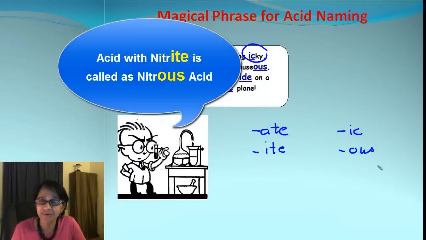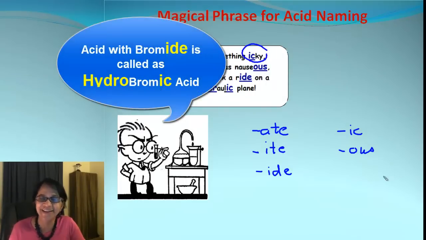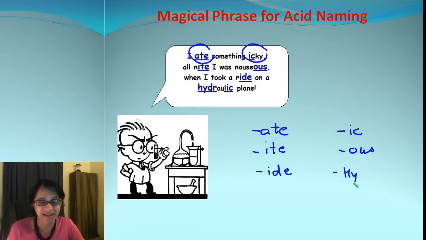Like nitrite will become nitrous. And if your negative group is ending with ide, like chloride, bromide, then your acid will be hydro, with chloro or bromo coming in between, and then it will be ic acid.